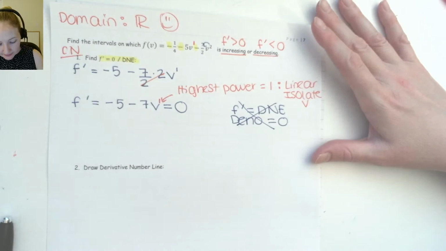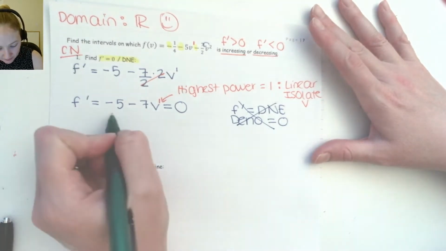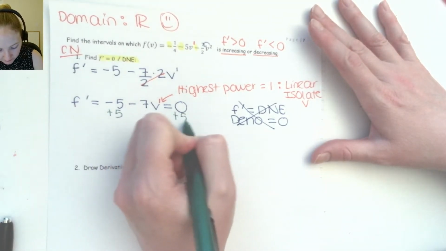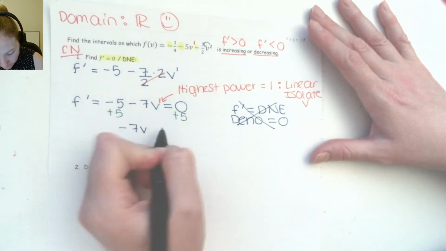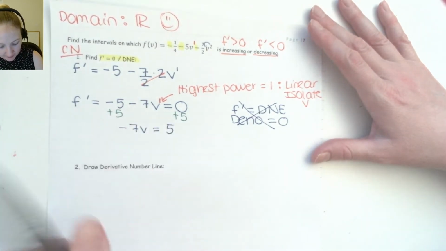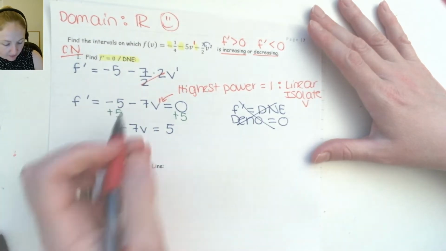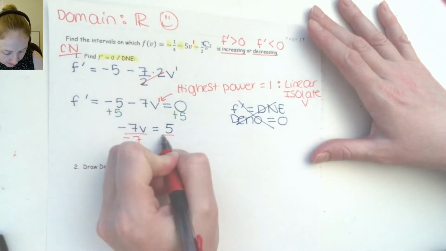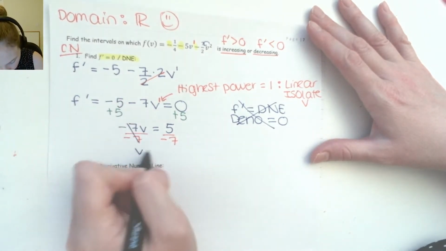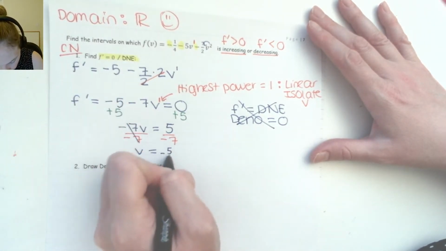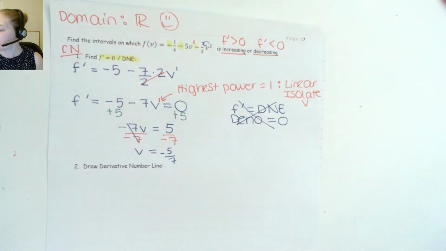So to isolate v, I'm just going to undo PEMDAS. So I'll add 5 to both sides and get -7v is equal to 5, and then divide by -7 and get v is equal to -5/7.